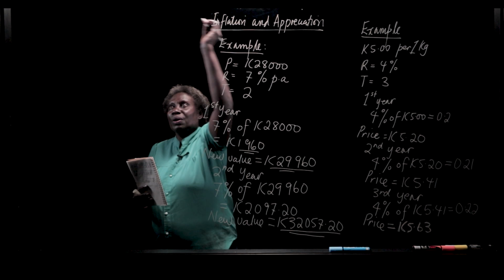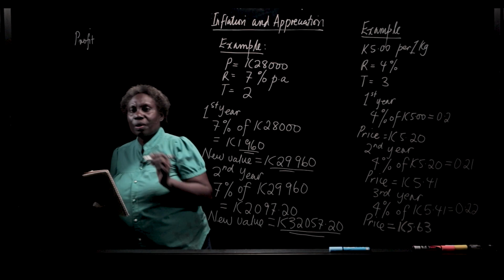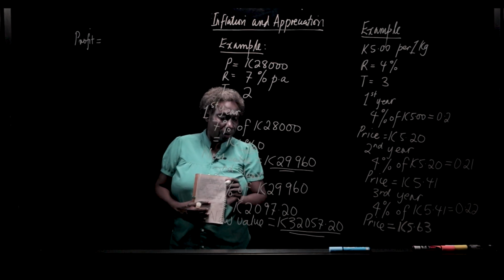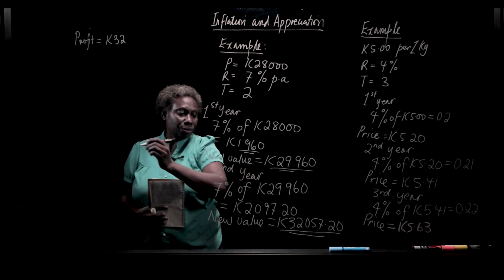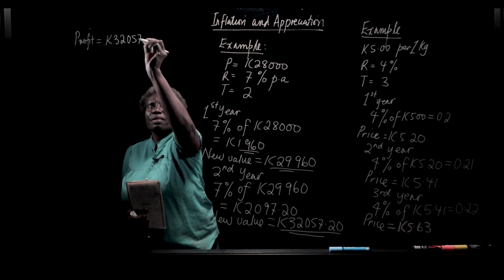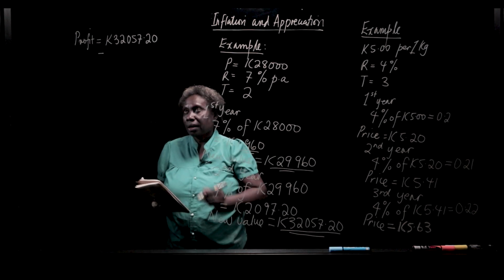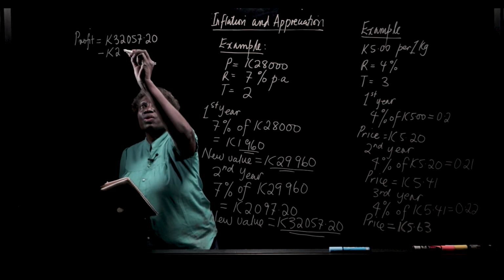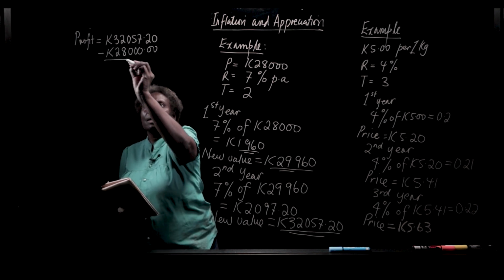We call it the profit because that's the extra money that he is going to make from selling the block of land. We have 32,057 kina 20 toya minus the cost of the block of land, which is 28,000 kina.